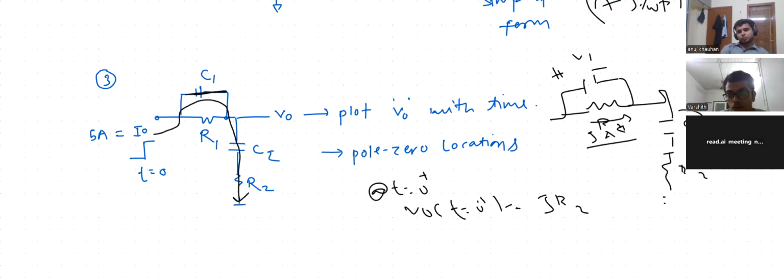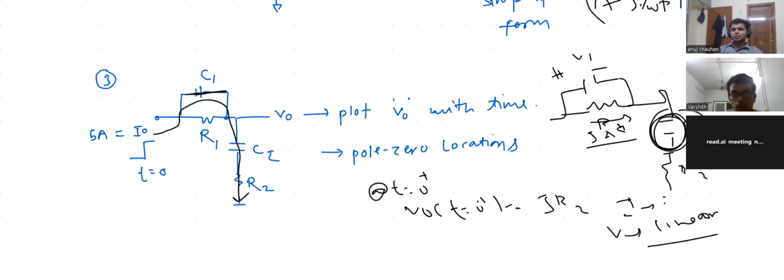So due to this constant 5 ampere current, the cap will get charged, sir. As current is constant, the voltage will increase linearly, sir. So what should the output expression be? Initially it will be 5R2, and it would be increasing linearly.